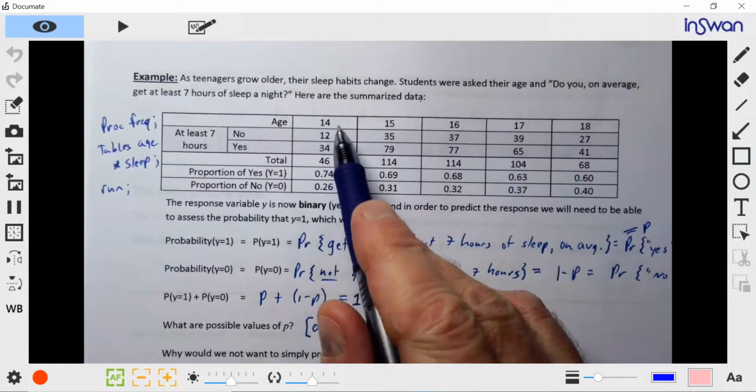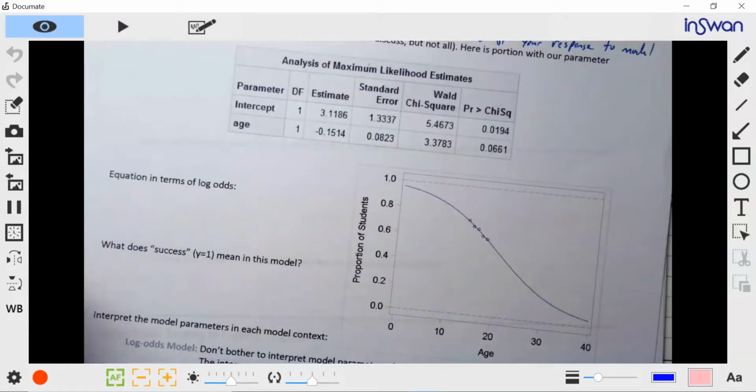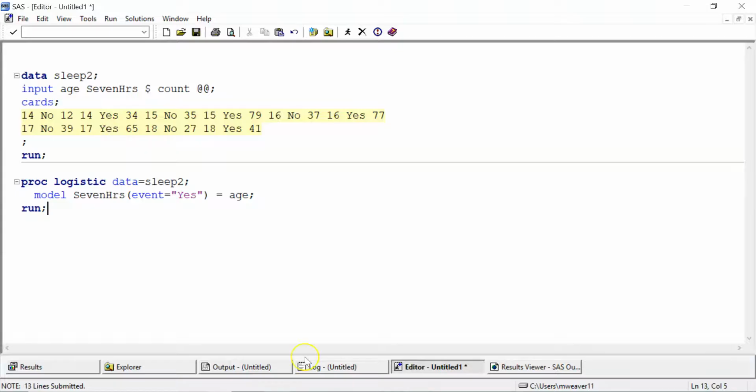So it's saying that there are 1, 2, 3, 4, 5 times 2, 10 observations. So that's actually going to give me the wrong answer. If I'm using summary statistics, I have to make sure that I use freq count here. And it doesn't have to be count. Count is the name of my variable in my data set that actually has the counts, but you might have a different name.